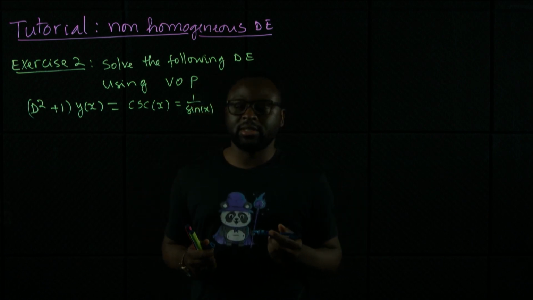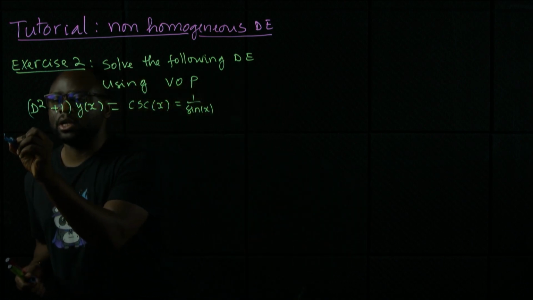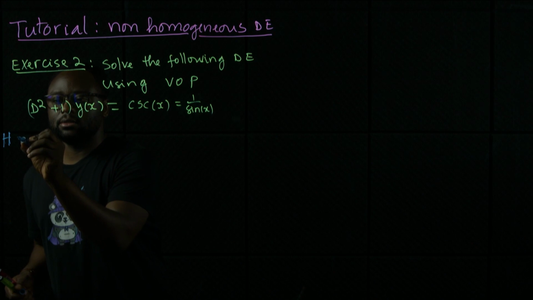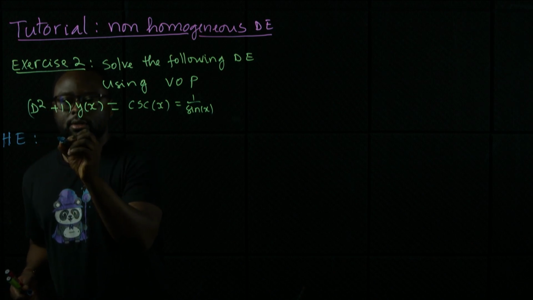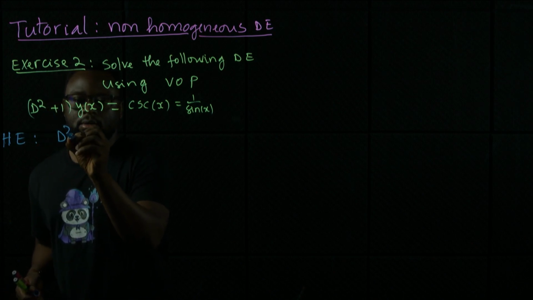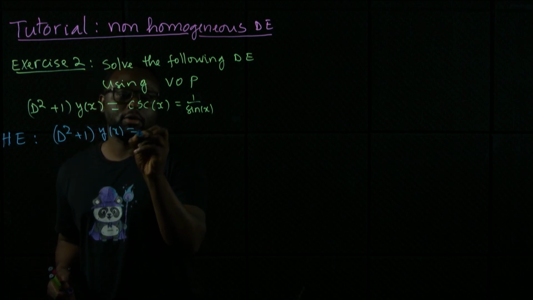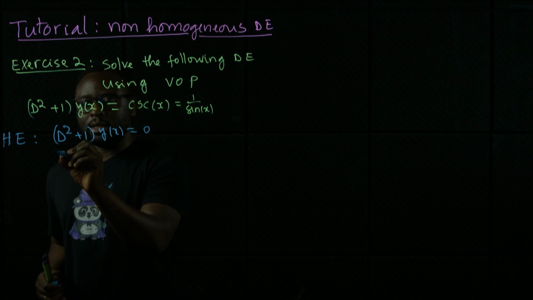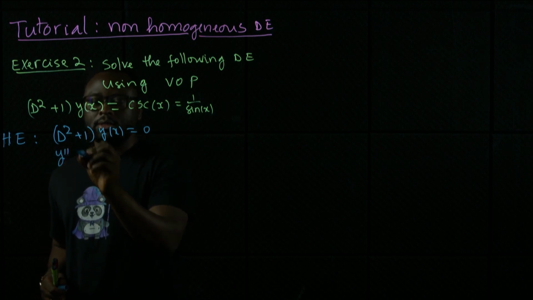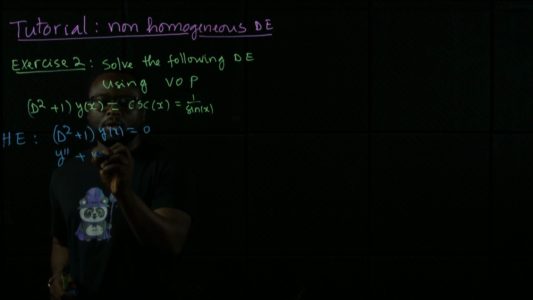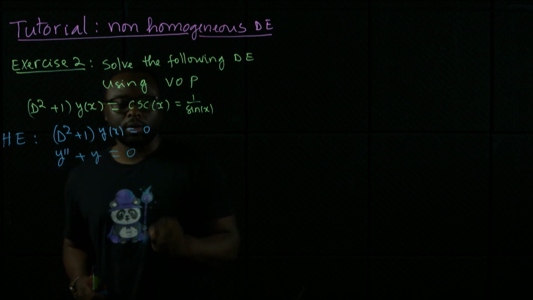As we did in the previous exercise, let's start with the homogeneous equation. The homogeneous equation is (D² + 1)y(x) = 0. Remember, this is y'' + y = 0.